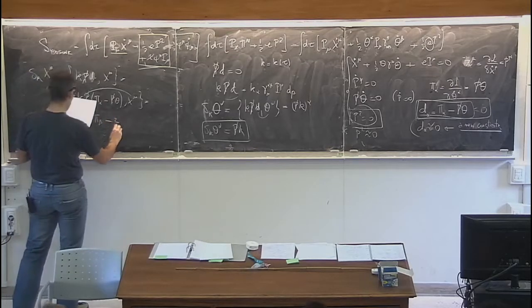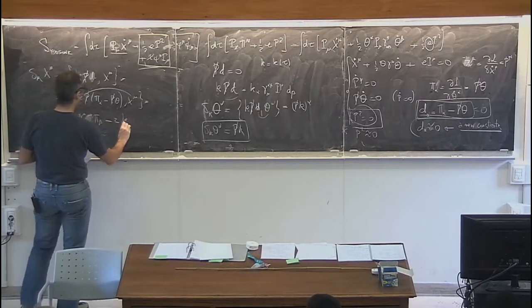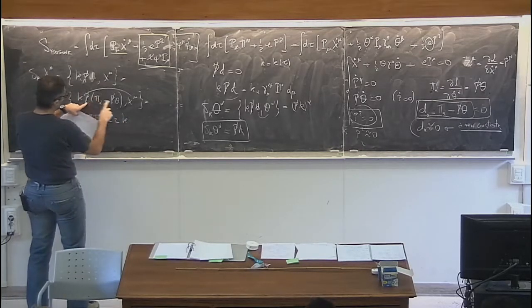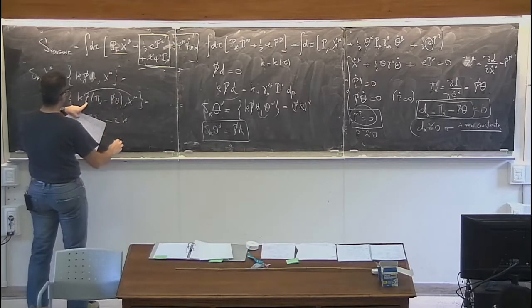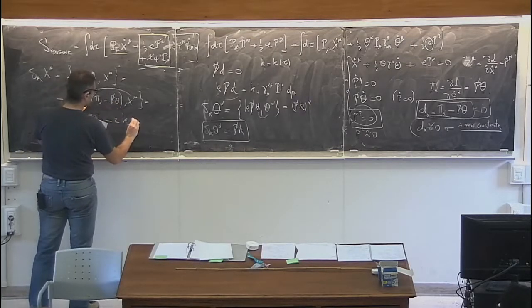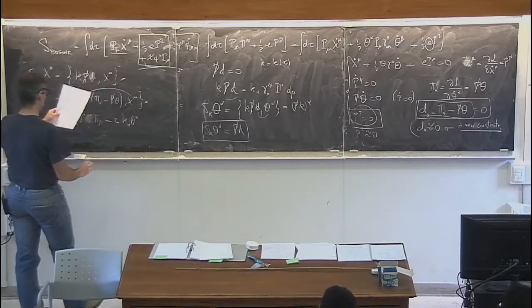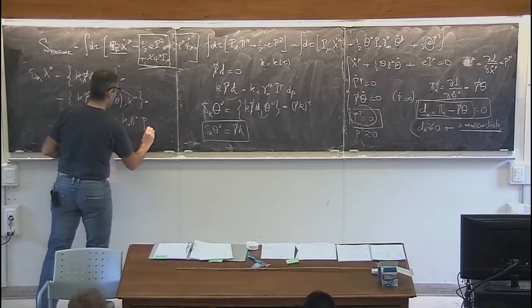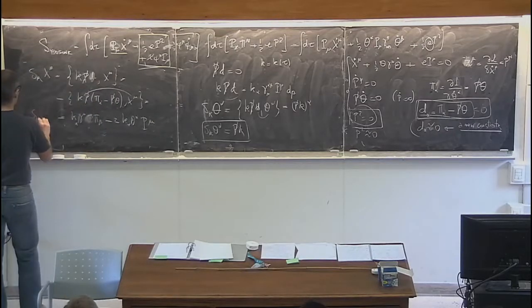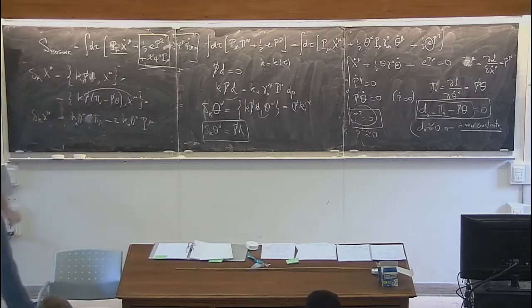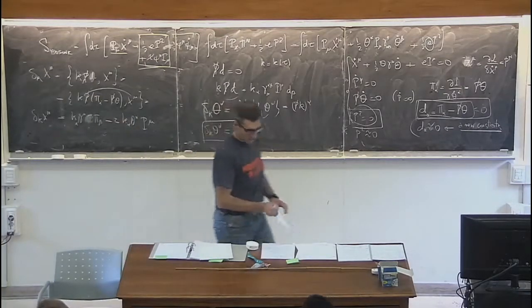You get a 2 kappa, and here there is a p slash that gives you p square kappa alpha theta alpha times p mu. So this is the kappa variation of x. This is not yet enough.